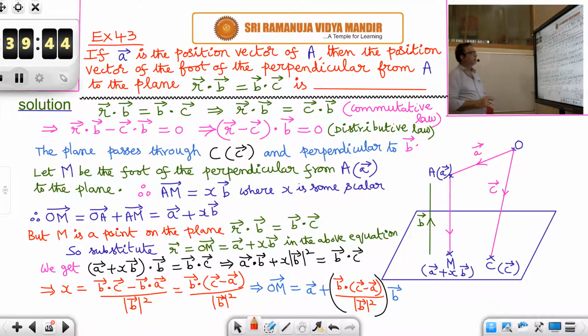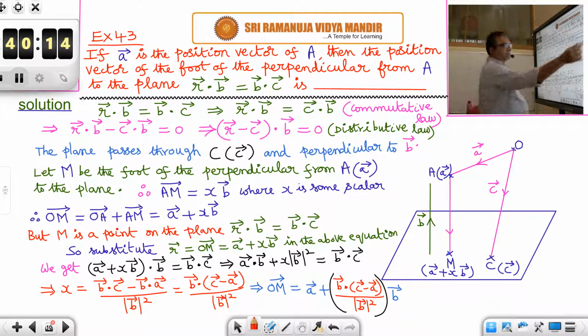Okay. Let us see question 43. If A bar is the position vector of capital A, then the position vector of the foot of the perpendicular from A to the plane R bar dot B bar is equal to B bar dot C bar is. Here a plane is given whose equation is R bar dot B bar equal to B bar dot C bar.